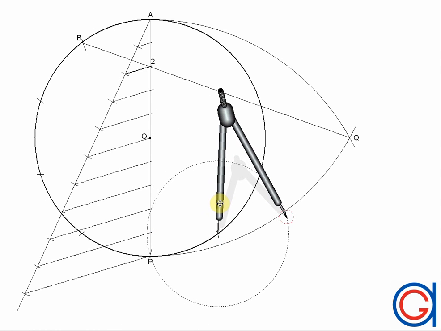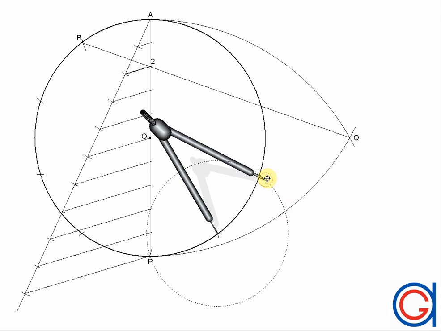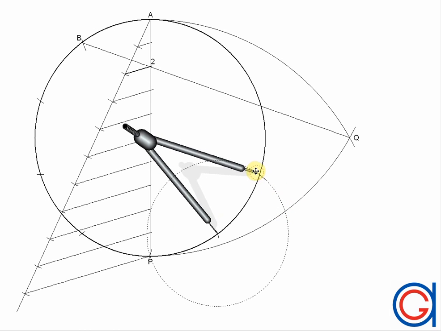So as you can see, we continue scribing our arcs AB onto our circumference.